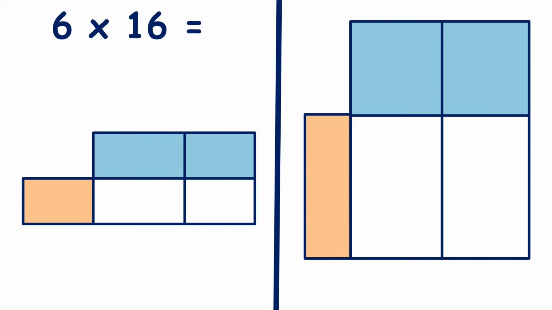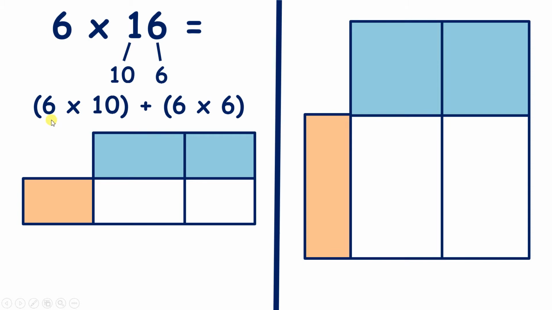Now we have 6 times 16. And just as we partitioned 12 into 10 and 2, how can we partition 16? We can partition 16 into 10 and 6.